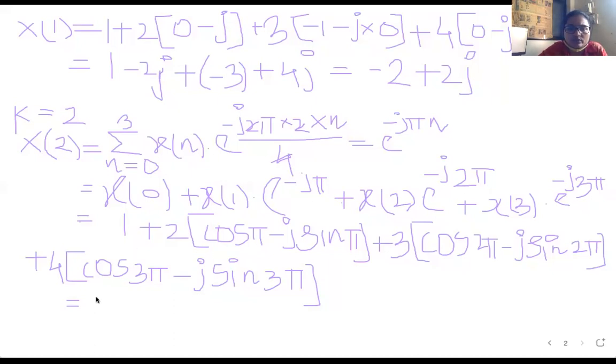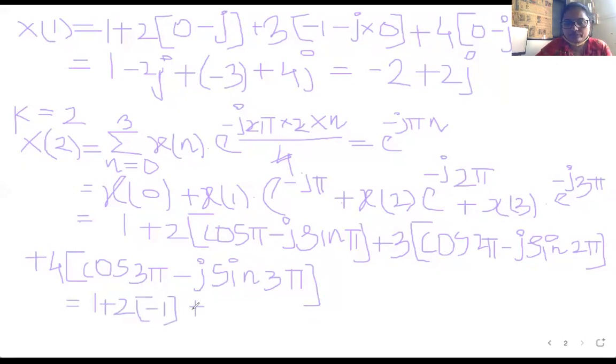The first value is, as I have written here, 1 plus 2 into cos pi. Somebody tell me, what is the cos pi? We have already written the value of cos pi. It is equal to minus 1, right? Am I right? Minus 1. Sin pi is always equal to 0. So we will not take that value.